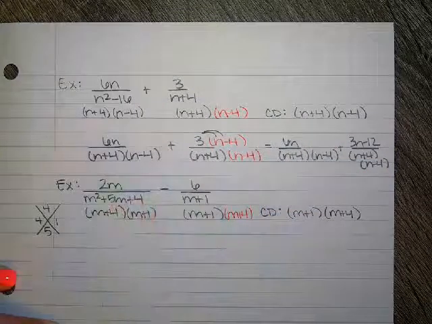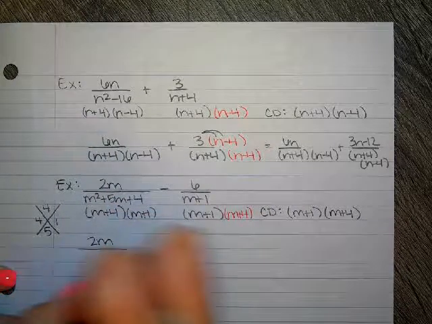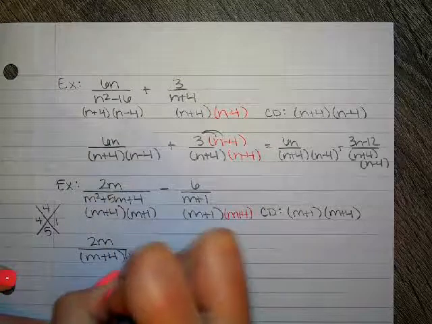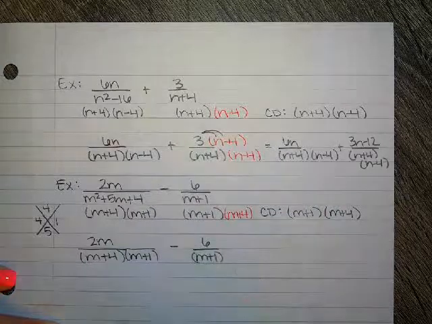So I have 2m over m plus 4, m plus 1, minus 6 over m plus 1, and that needs to be multiplied by m plus 4.